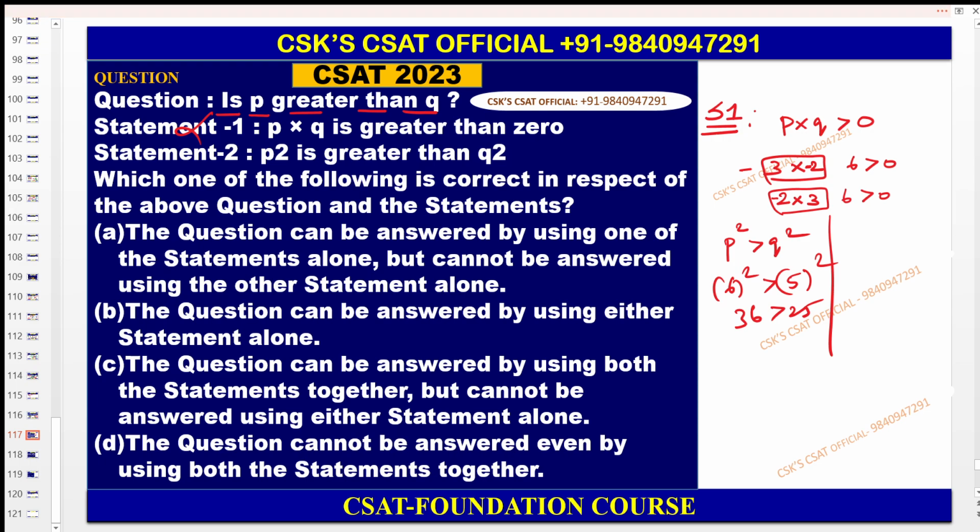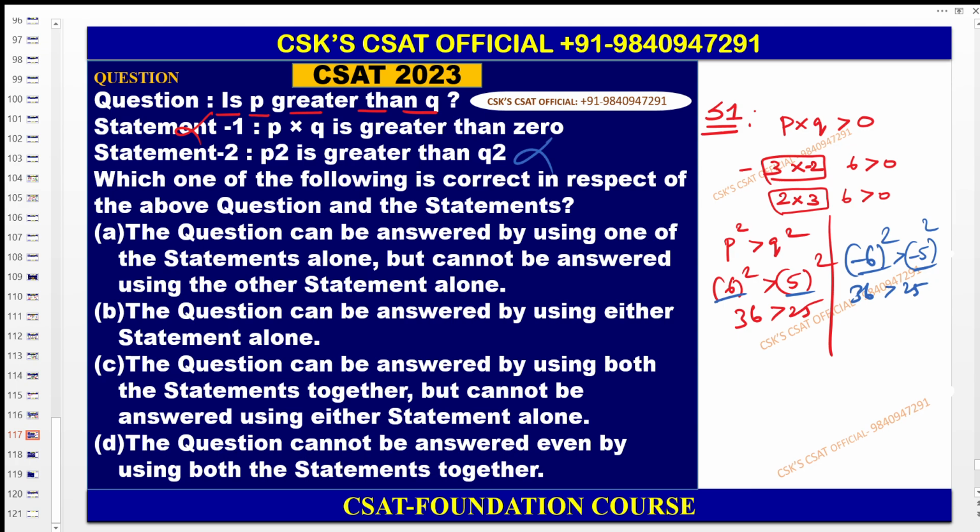Even in the second, we just check: -6 square greater than -5 square. In this case it also satisfies, but you can't say whether P is greater than Q. The cases arise here, right? So therefore you can't say.